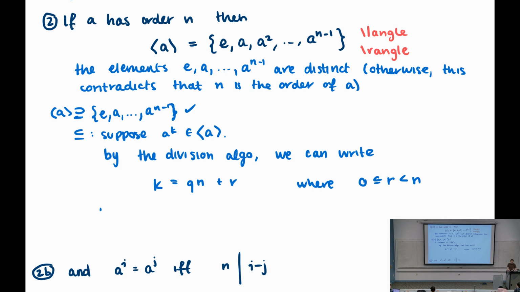So then a to the k, what is this equal to? This is a to the q times n times a to the r. And this is going to be a to the n to the q, so this is just the identity.